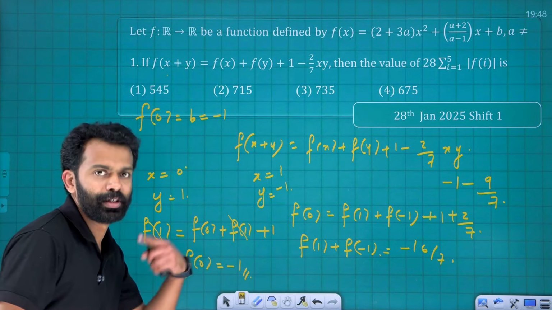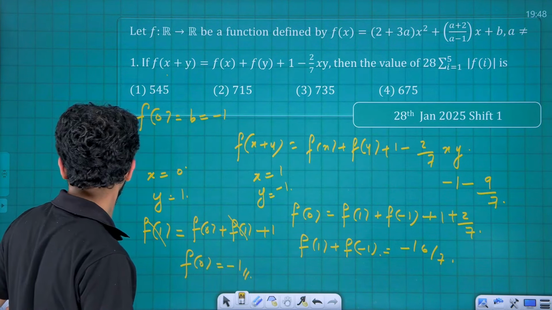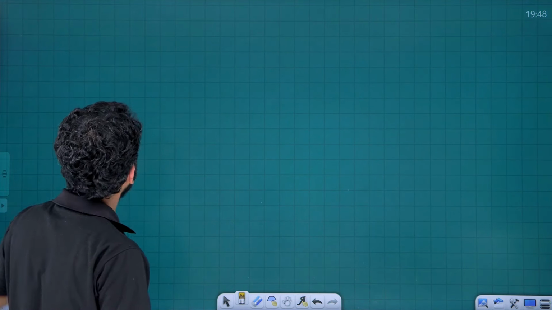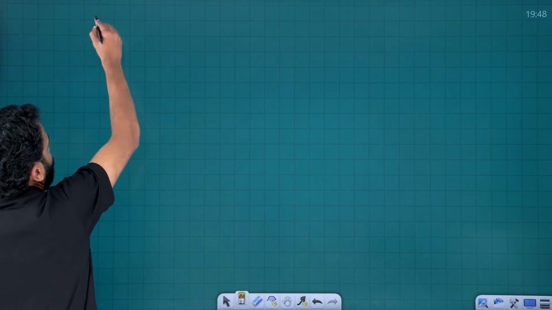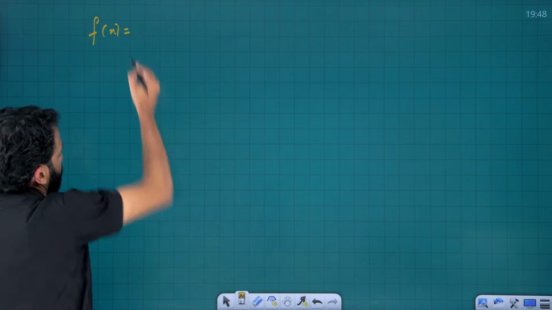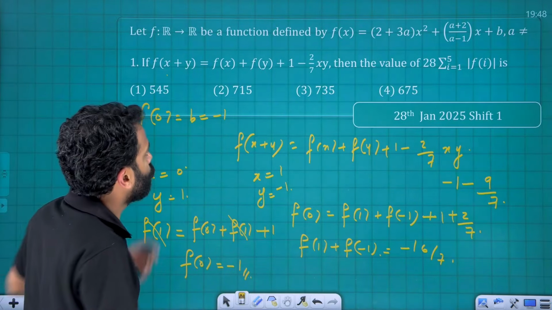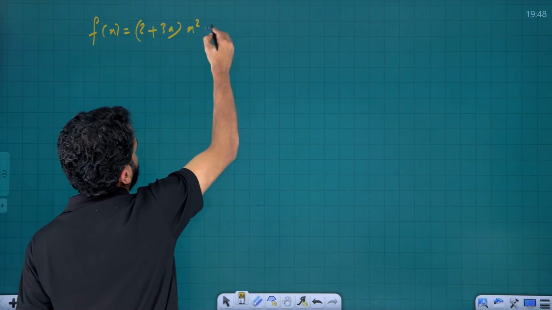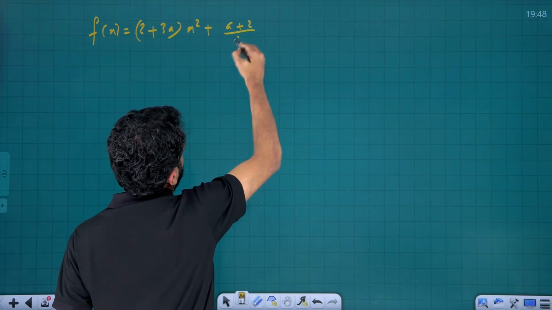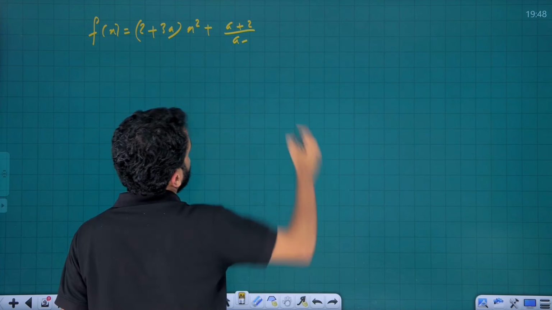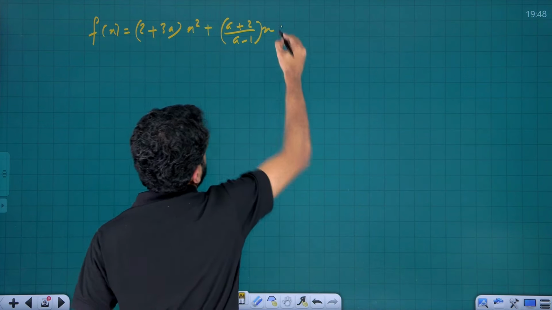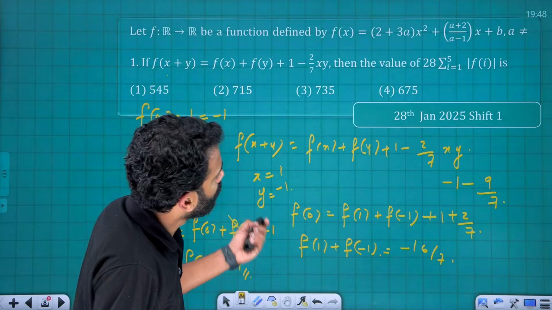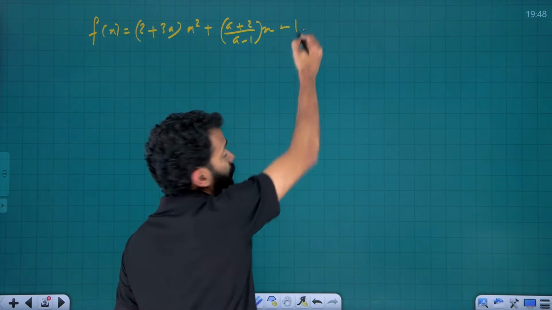Okay. And next one. In the next slide. So, what was f of x? F of x is equal to, we need to write that again, (2 plus 3a) into x squared plus ((a plus 2) by (a minus 1)) into x, minus b, sorry, minus 1, b is minus 1.